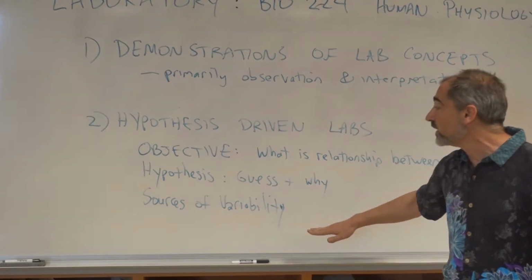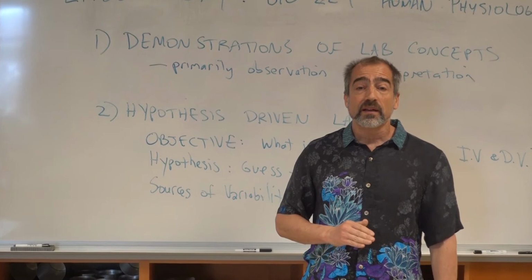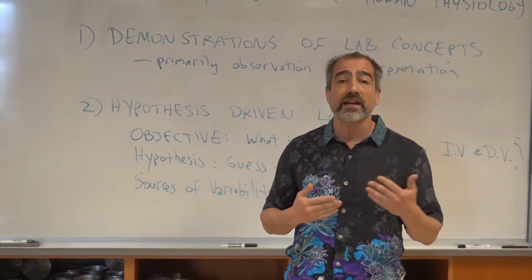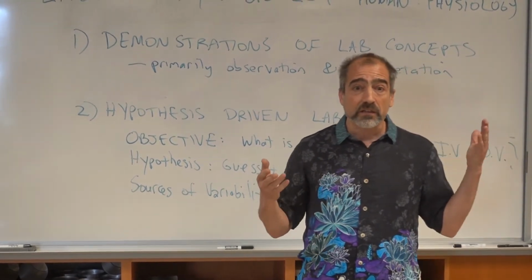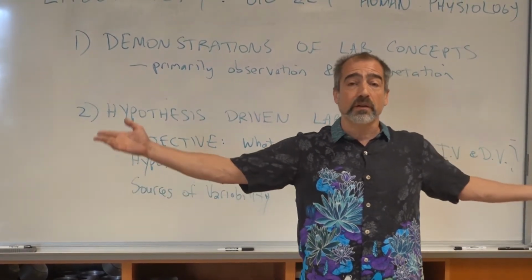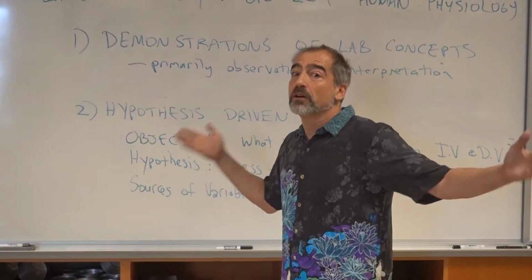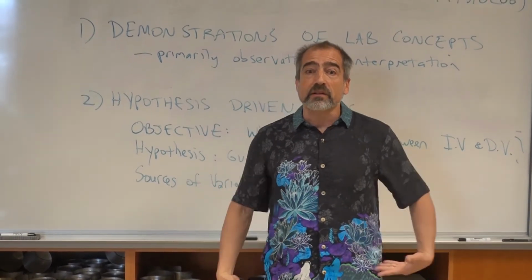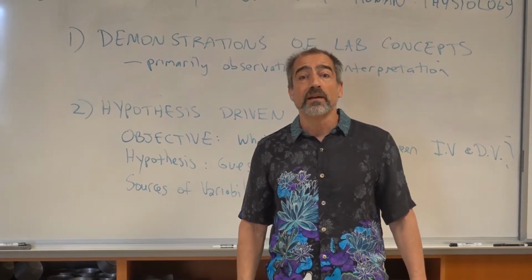Sources of variability is a really important part of this process as well. Whenever you're doing experiments, there are all sorts of things that can affect your data that could really make the whole experiment useless. We're going to be doing a jumping lab, looking at how high people can jump and how different body measurements affect the height of your jump.